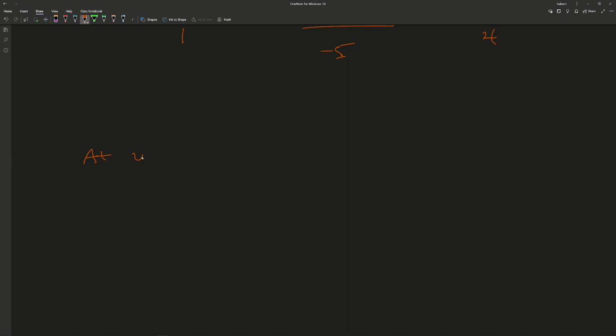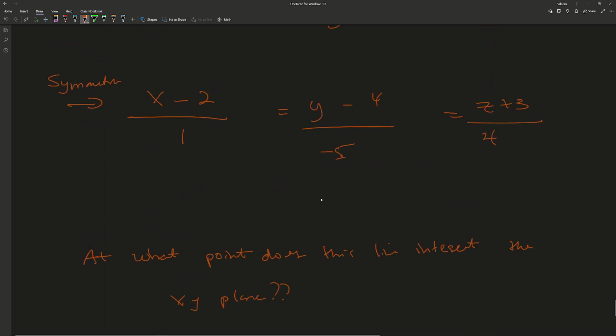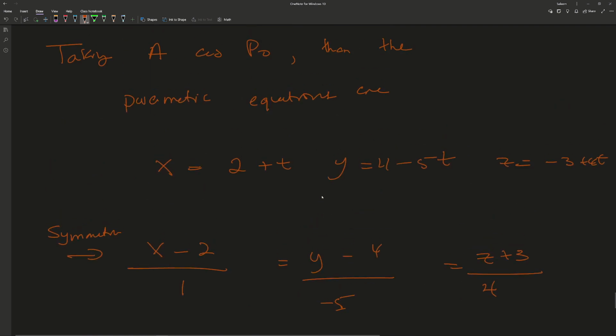So the line here would intersect the xy plane when what happens? When z is equal to 0. So that is what will happen.